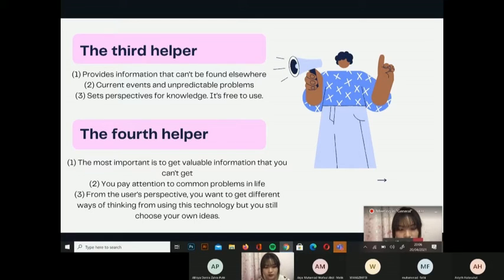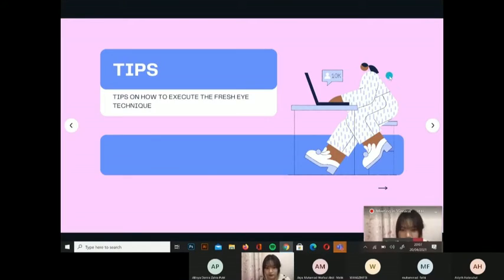The third question, her answer is from the user perspective, she will want to get different ways of thinking from using this technology, but she still chooses her own ideas. Thank you. I finished.